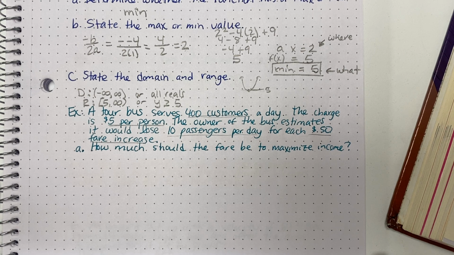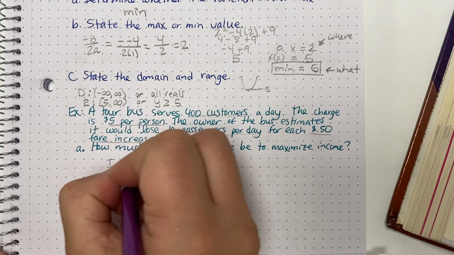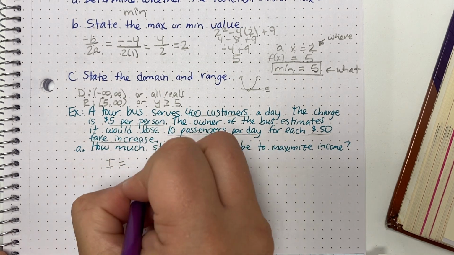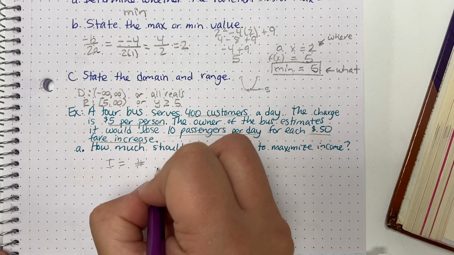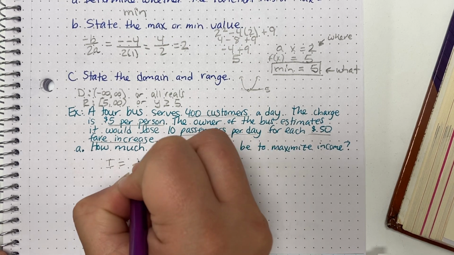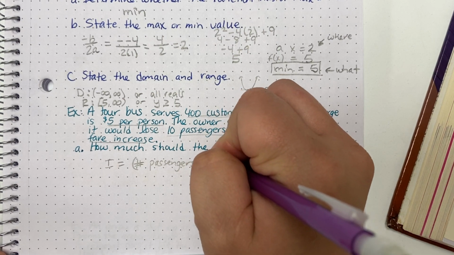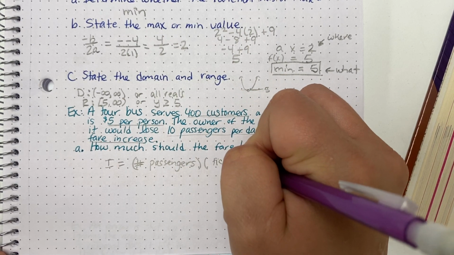So the income is going to be the number of passengers multiplied by the price per ticket. So we'll say income equals number of passengers times ticket price.